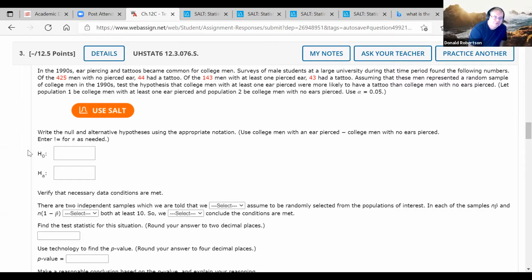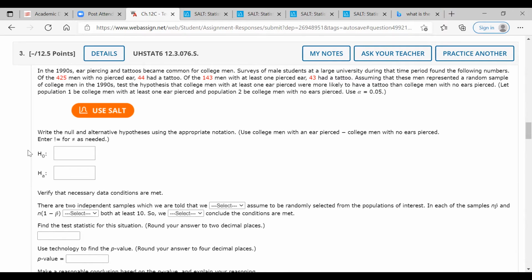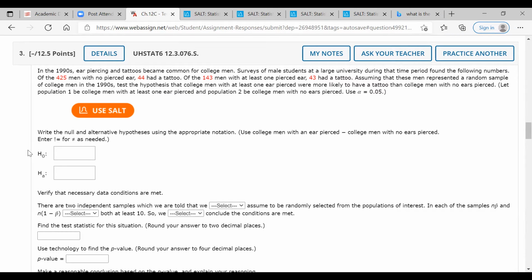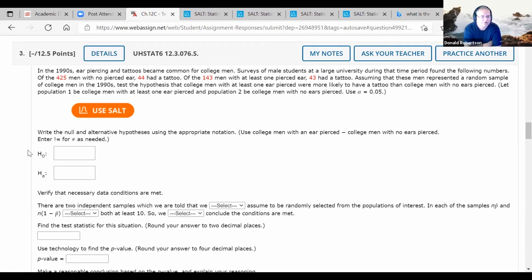So what's this story? In 1990, ear piercing and tattoos became common among college men. Surveys of male students at a large university during that time period found the following numbers. Of the 425 men with no pierced ear, 44 had a tattoo.